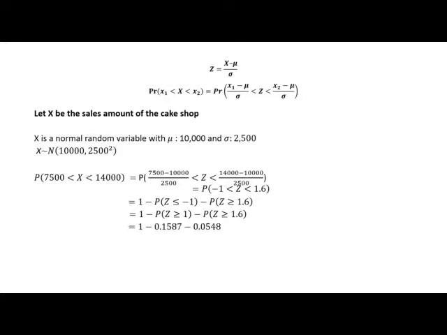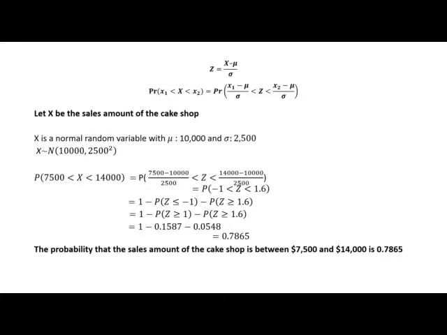So after finding the z value from the standardized normal distribution, we know that 1 minus 0.1587 minus 0.0548. Then we can get the answer. The probability that the sales amount of the cake shop is between $7,500 and $14,000 is 0.7865.